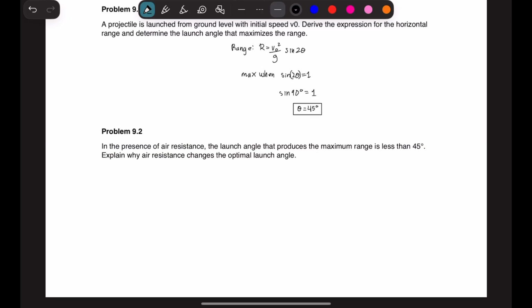In the presence of air resistance, the launch angle that produces the maximum range is less than 45 degrees. Explain why air resistance changes the optimal launch angle. Well, that's because horizontal velocity decays faster.